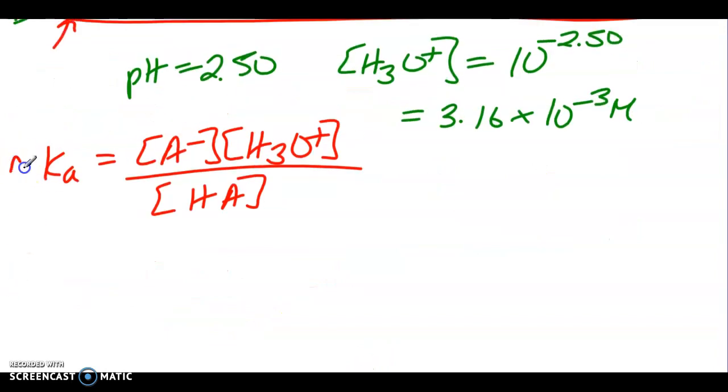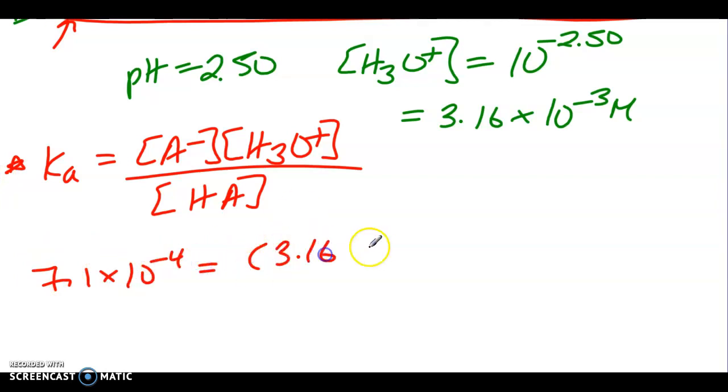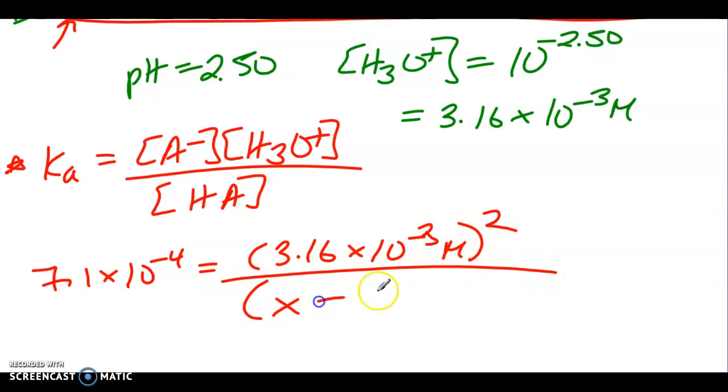So citric acid, we can look up the Ka value. It is 7.1 times 10 to the negative 4. This is now 3.16 times 10 to the negative 3 squared over x minus 3.16 times 10 to the negative 3.